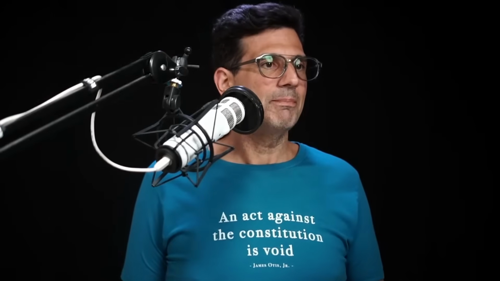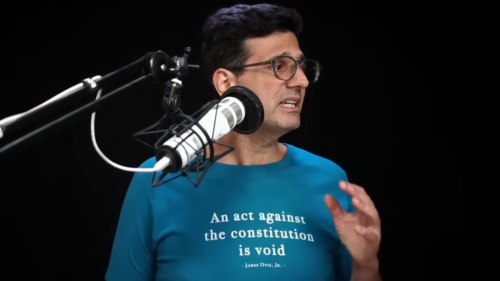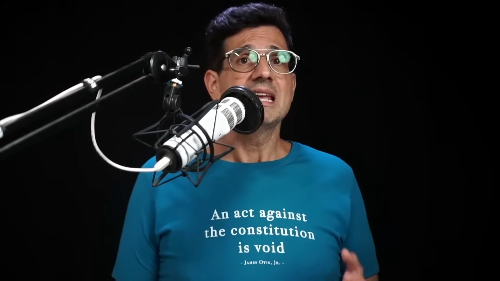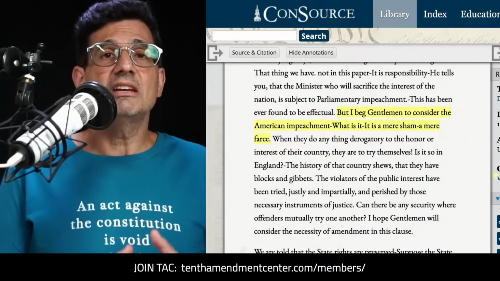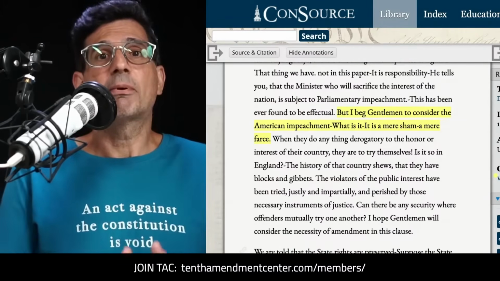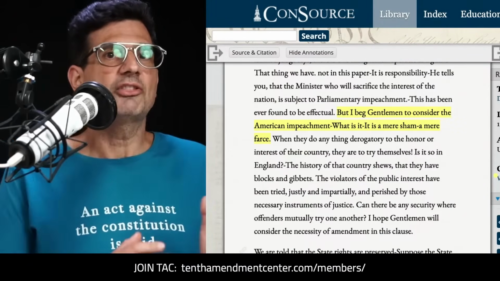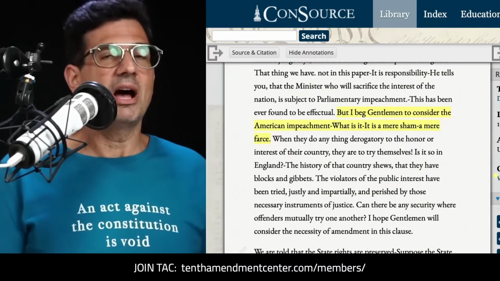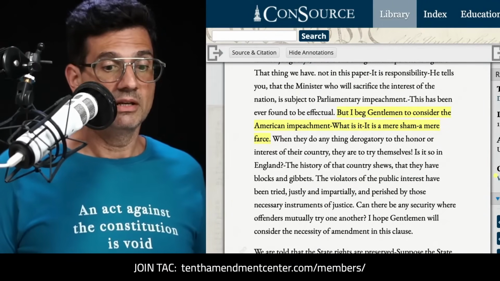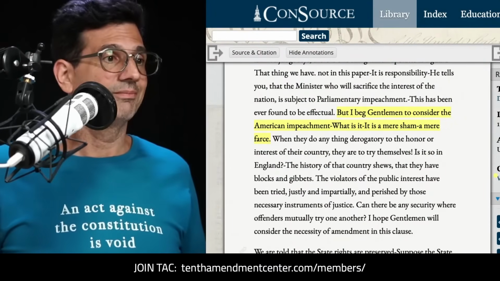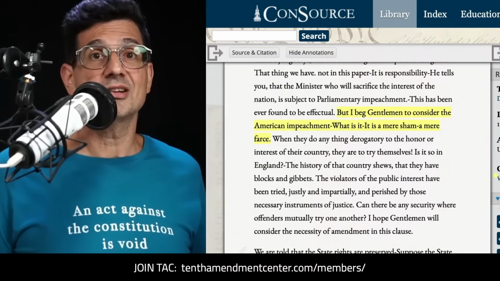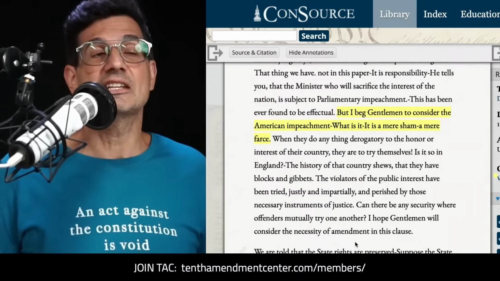And Patrick Henry, let's get back to Patrick Henry here. Because during the Virginia Ratifying Convention, he was specifically saying that the British system was actually really effective. It provided real accountability. But he thought the changes in the American system under the proposed Constitution at the time put the final decision into the hands of the Senate and would have really bad results. Here, I'll just give it to you in his words.